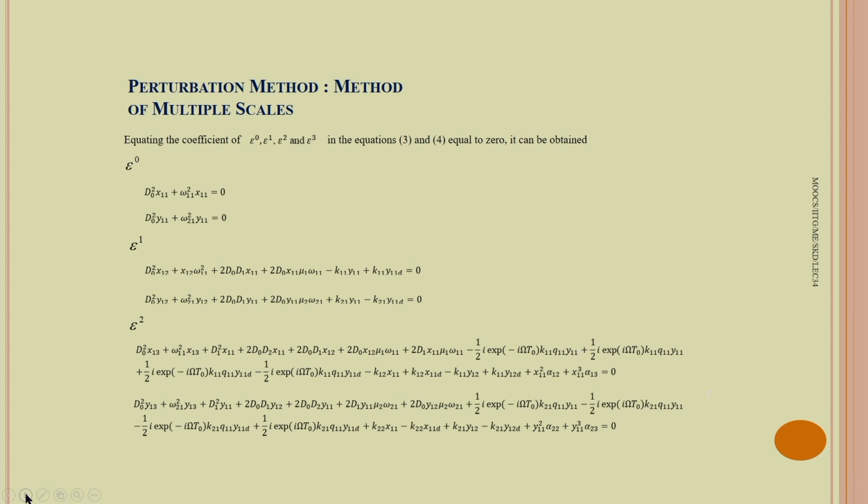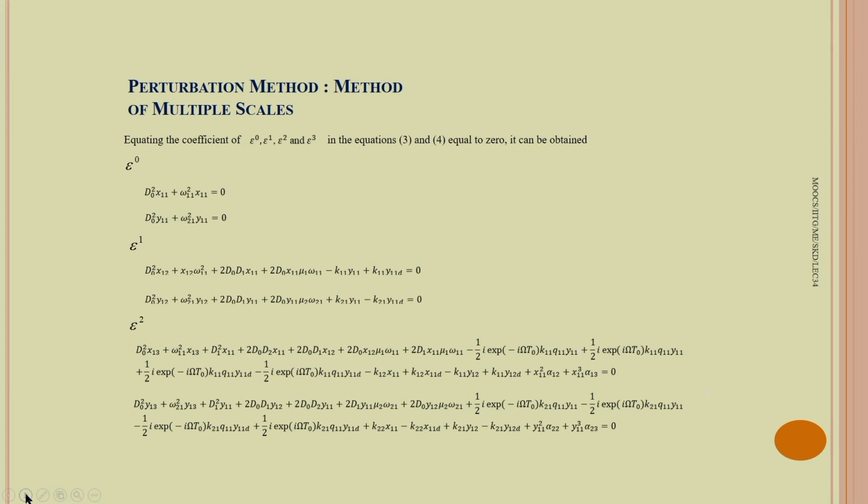Our equation reduces to D0 squared x11 plus omega 11 squared x11 equal to 0, and D0 squared y11 plus omega 21 squared y11 equal to 0.